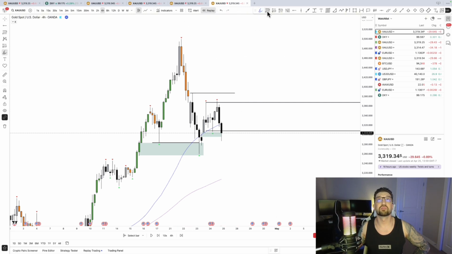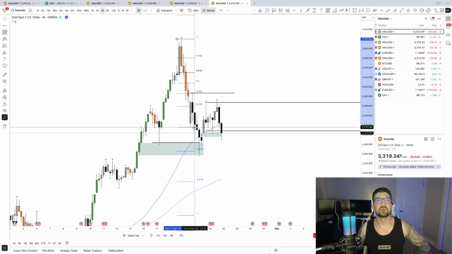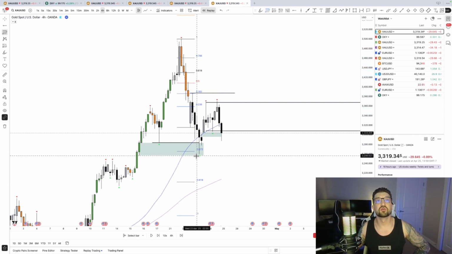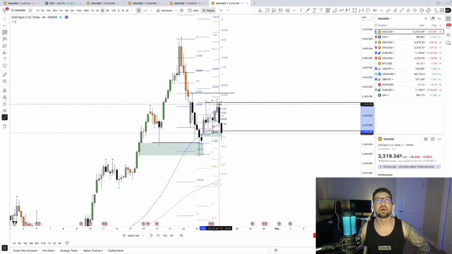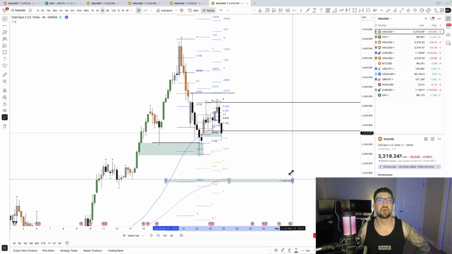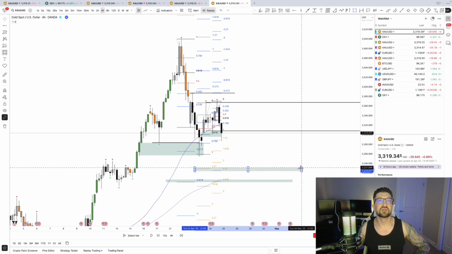And I think personally that if we see some downside movement here, I would be willing to bet that we're going to be looking at somewhere in the 3,200 vicinity would be my first area. My second area would be here around the 30 mark. So these are my two TPs.